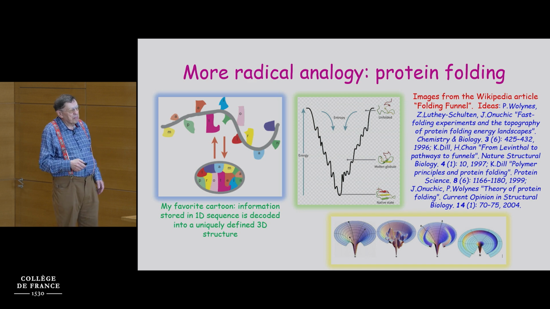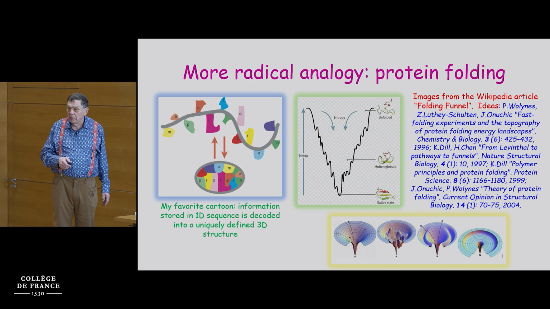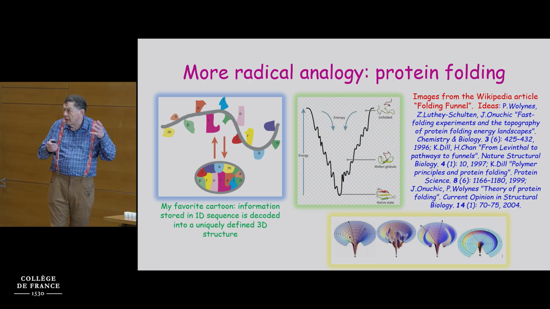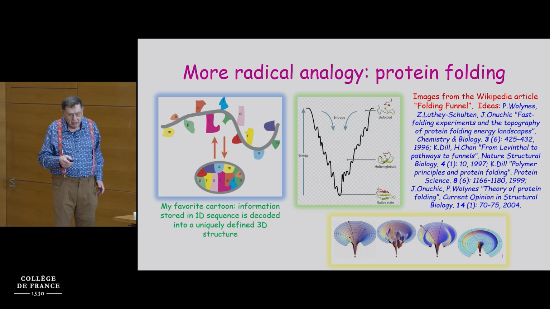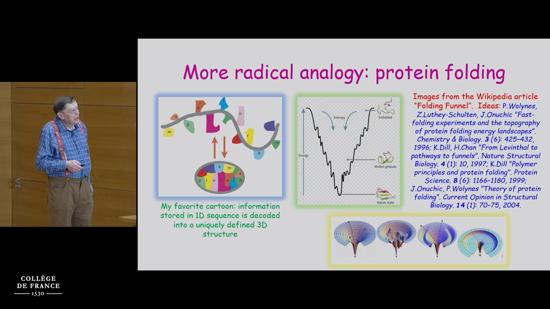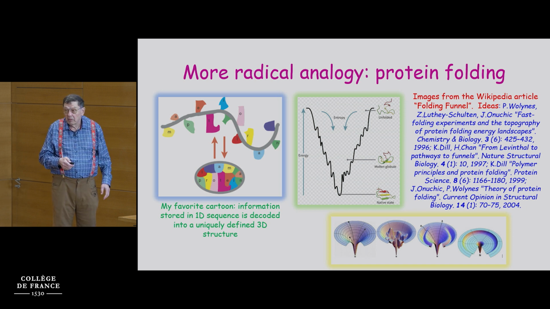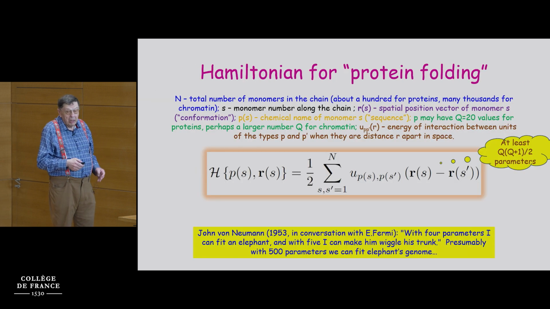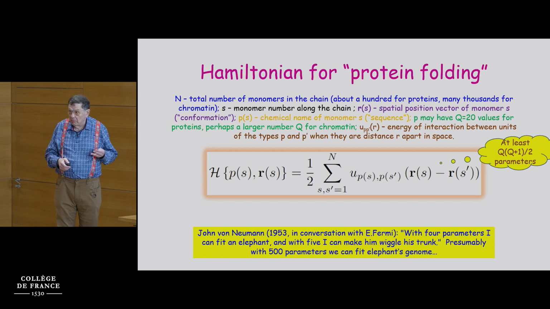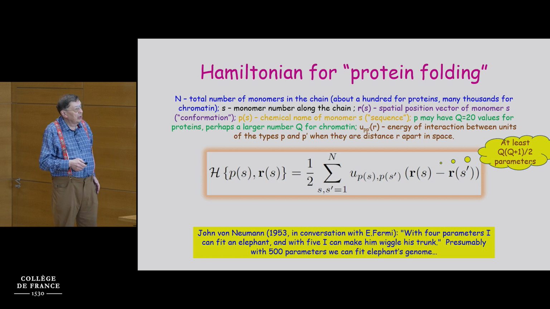So people very actively explore the idea that maybe some sort of folding funnel concept or imagery may help to explain what happens in the chromosomes. Well, if you take it seriously, then you may want to write down the energy of such an object.